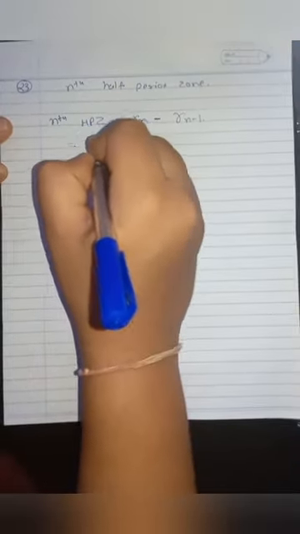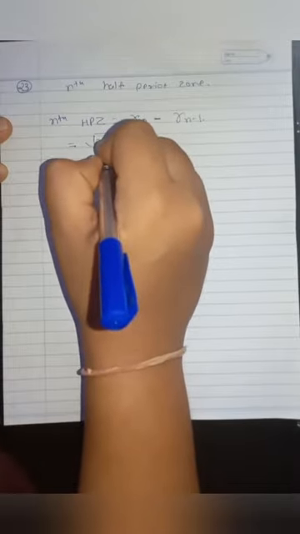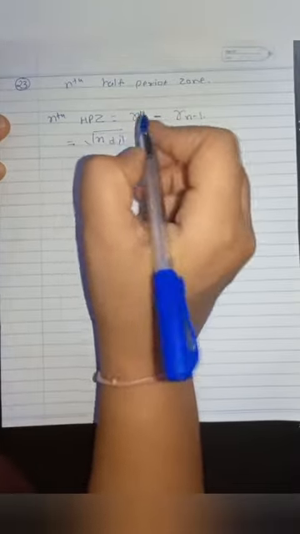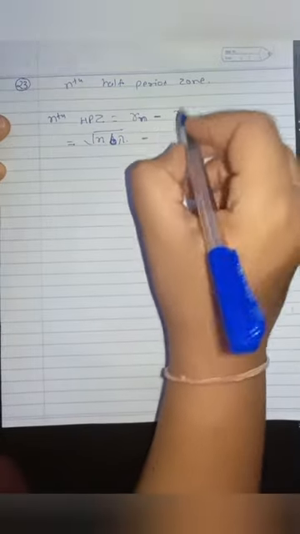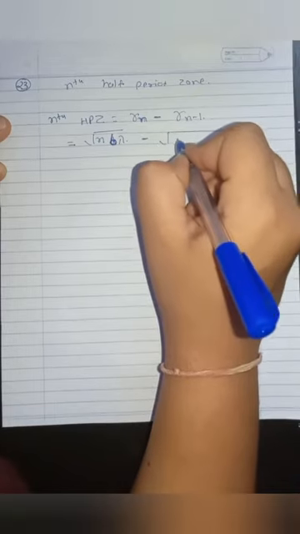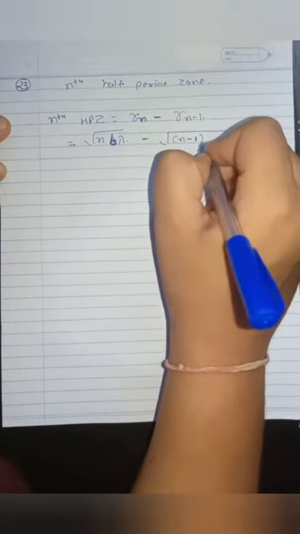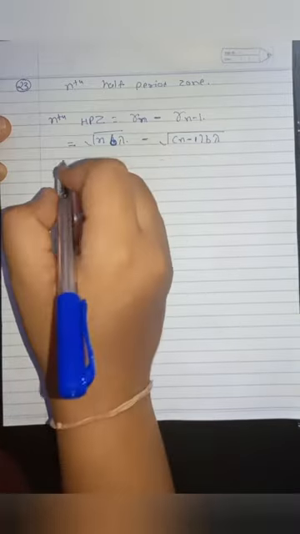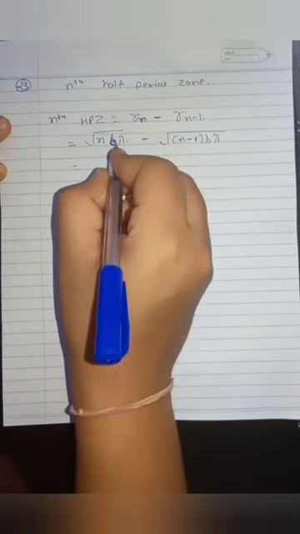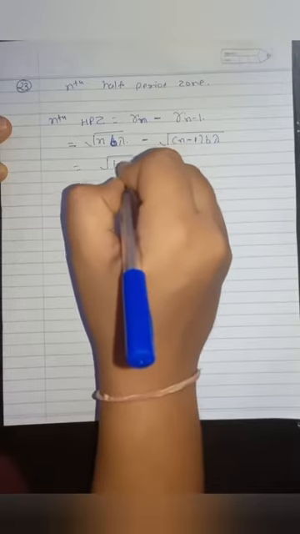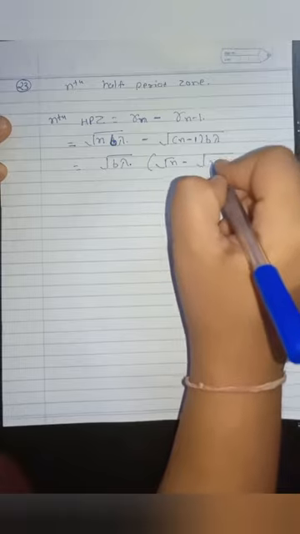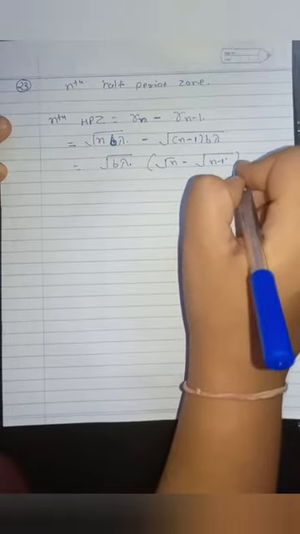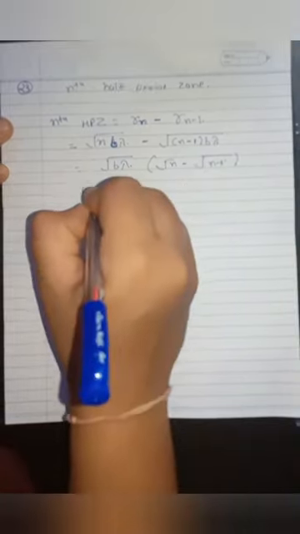Rn is given by under root n b lambda, as given in the options, and R of n minus 1 is given by under root n minus 1 into b lambda. Taking root b lambda common, we can write root b lambda into root n minus root of n minus 1. So option B is the correct option.